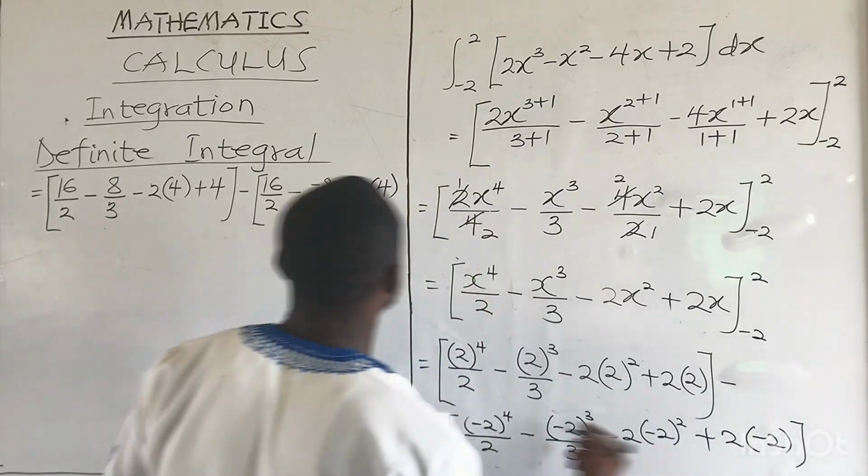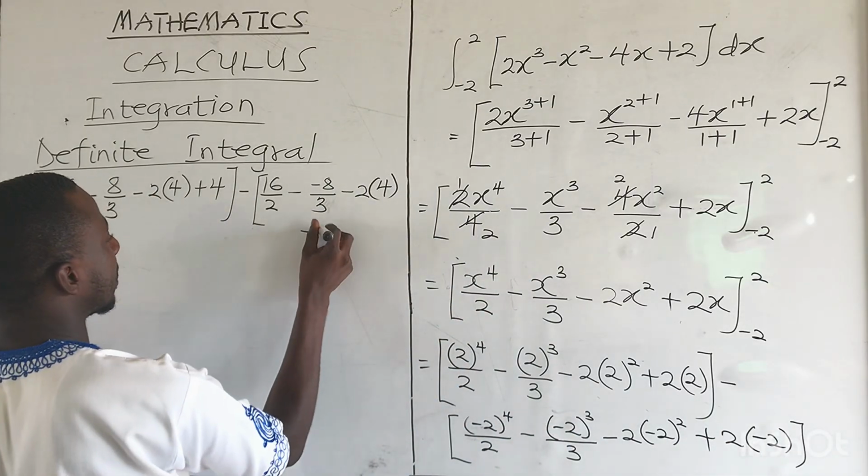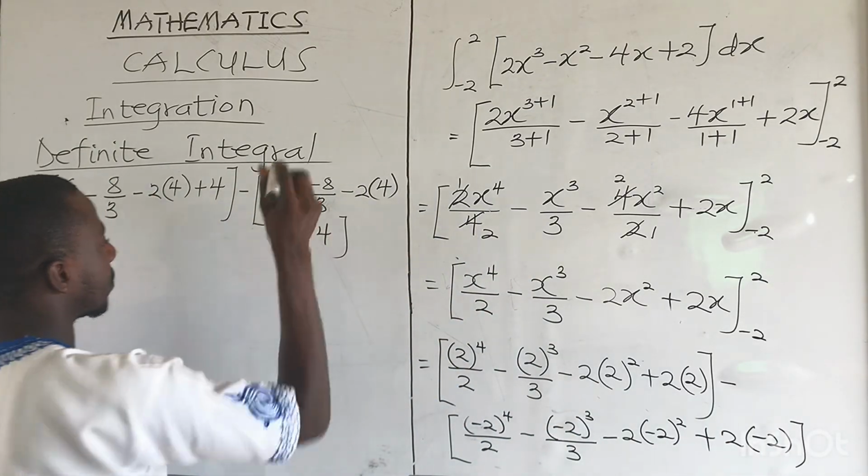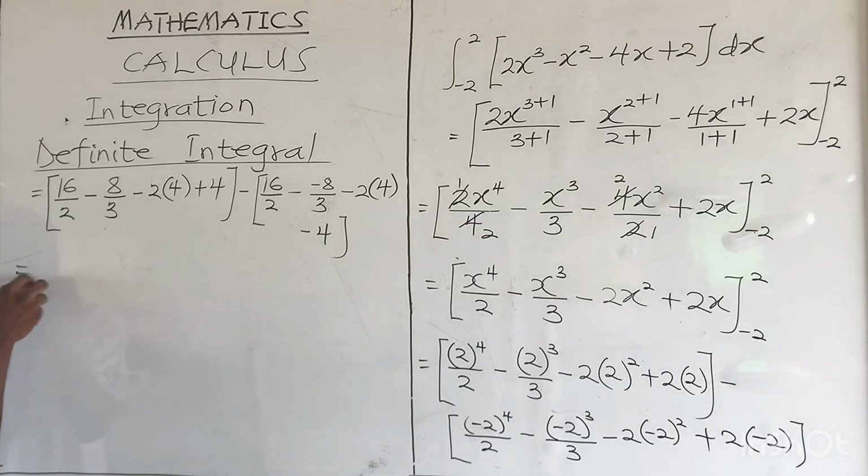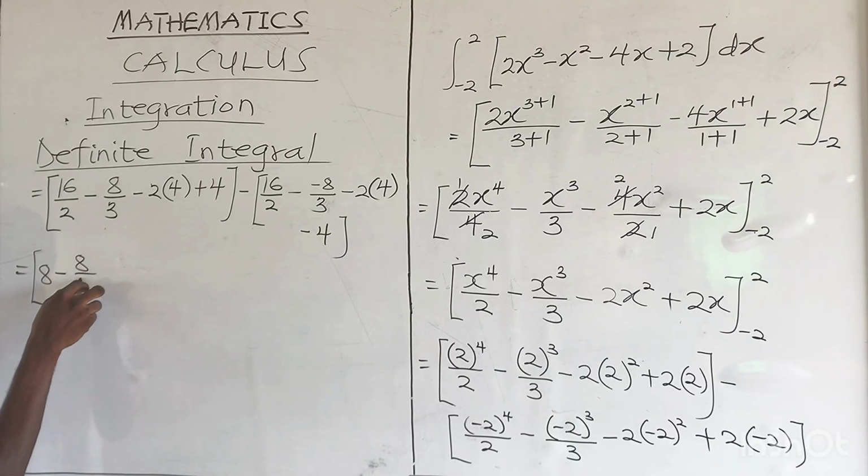Then 2 times negative 2, we have minus 4. So here, 16 over 2, we have 8 minus 8 over 3.